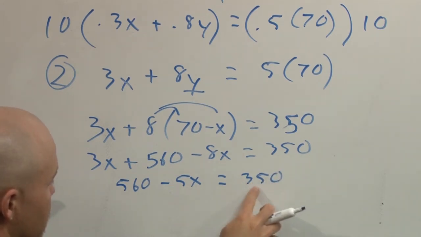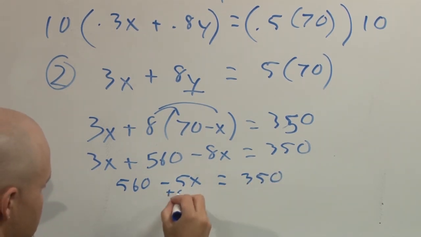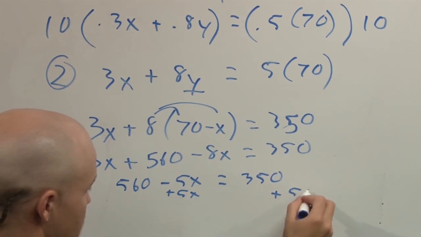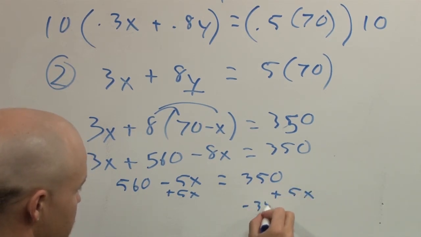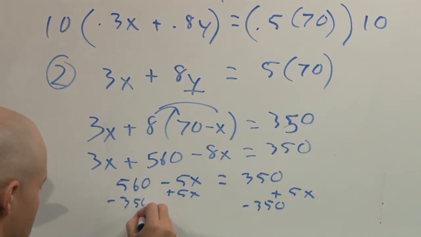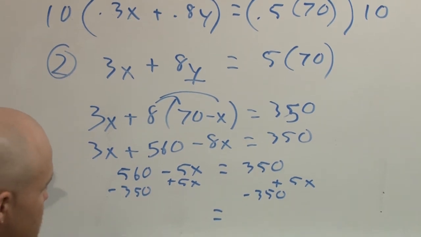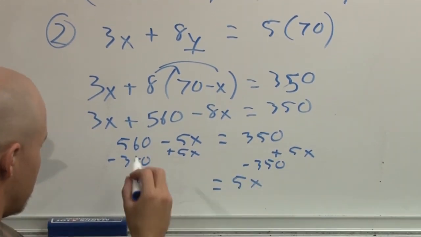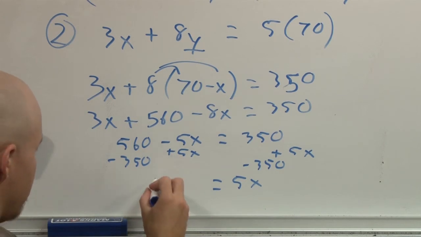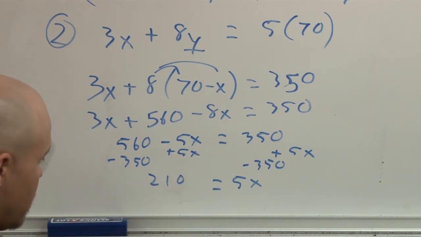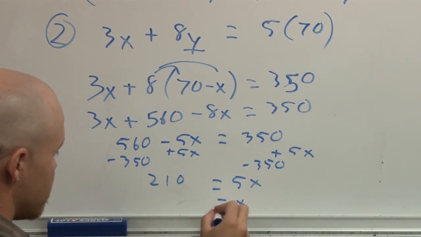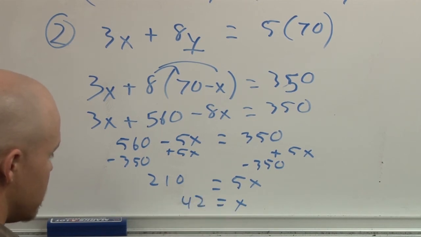I'm going to add this over here and subtract this to this side. So we're going to add 5x to both sides, and we're going to subtract 350 from both sides. So this is going to give us that 5x equals 210. Now dividing both sides by 5 gives us that x equals 42.